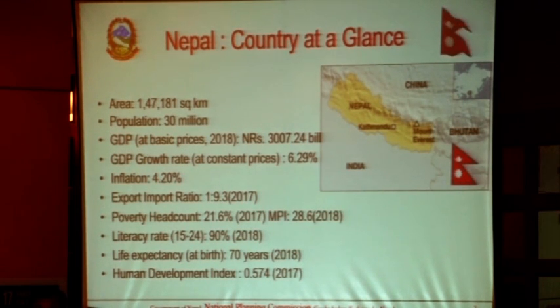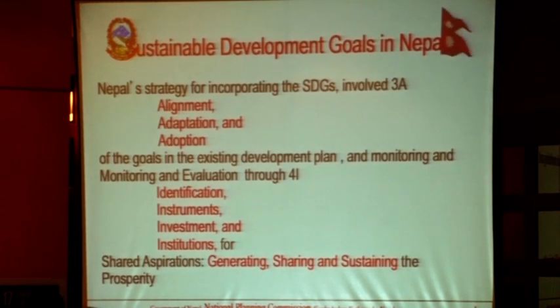In Nepal, we are aligning, adapting, and adopting the Sustainable Development Goals in our plans, policies, and strategies in all tiers of government: federal, provincial, and local level. We have identified about 479 indicators, with the instruments of plans, policies, and programs, and with some interventions.